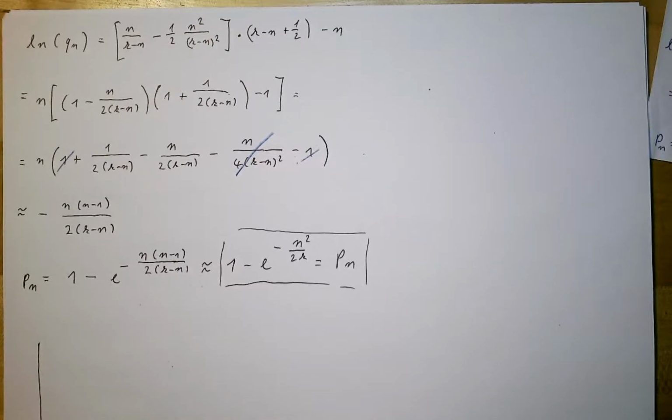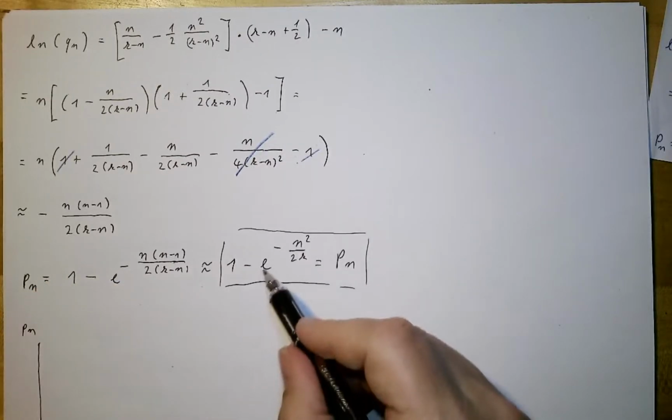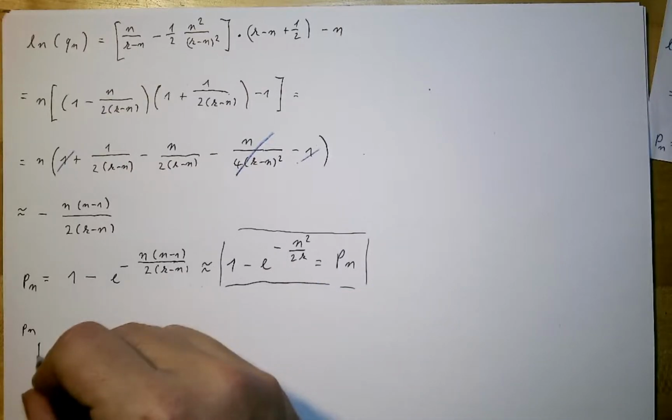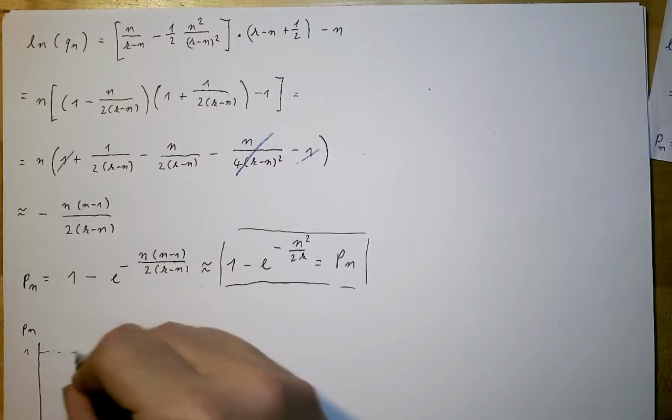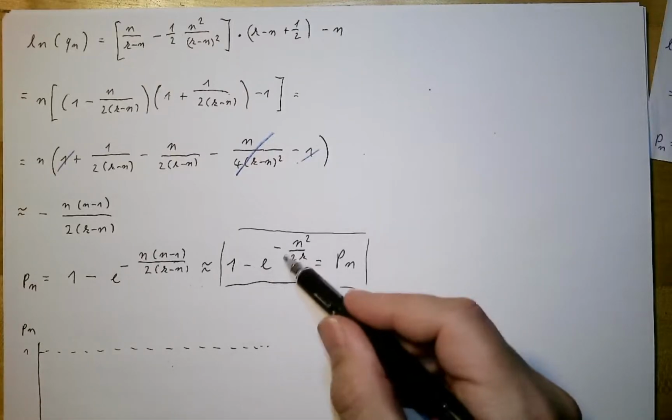So that's n. We want to know Pn. So this is an exponential function which is between 0 and 1. So we have a solution which is bounded between 0 and 1, which of course should be like this because it's a probability. And so now we have here an inverted Gaussian.